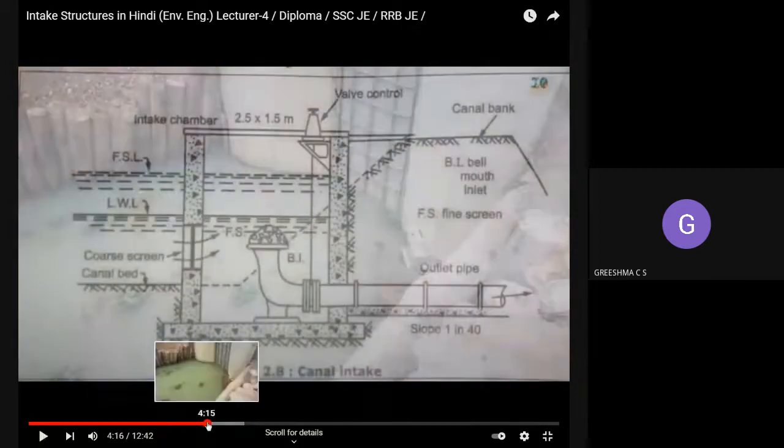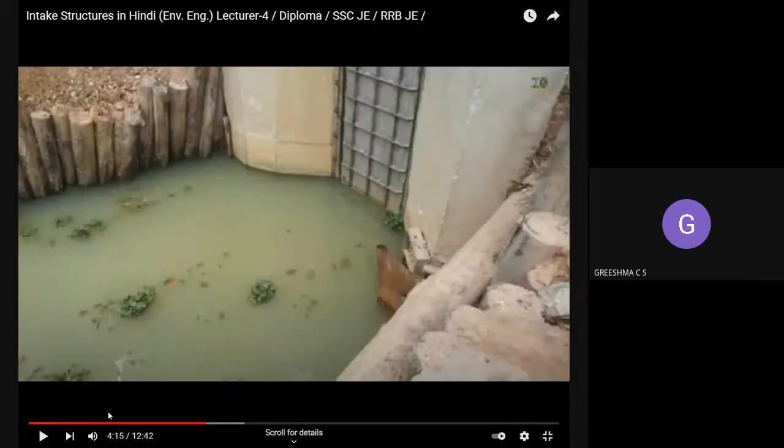Can you see this portion? In this picture you can clearly see the gate.